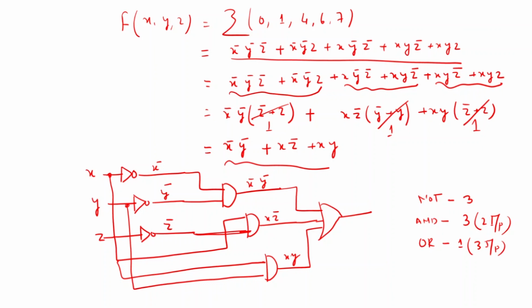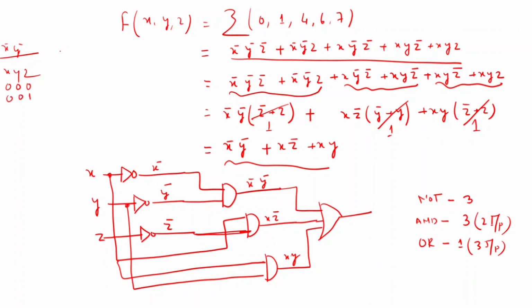How do we find that the result is the same? Take the first term, x complement y complement. Here x, y, z are written. The values of x and y are fixed, that is 0, 0, whatever the value of z, either 0 or 1. This gives 000, 001.